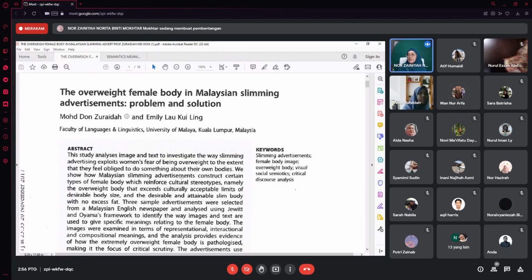It's exploratory in the sense that it looks at a certain community. It's ethnographic, to be honest, because it looks into Malaysian females; ethnography deals with people.